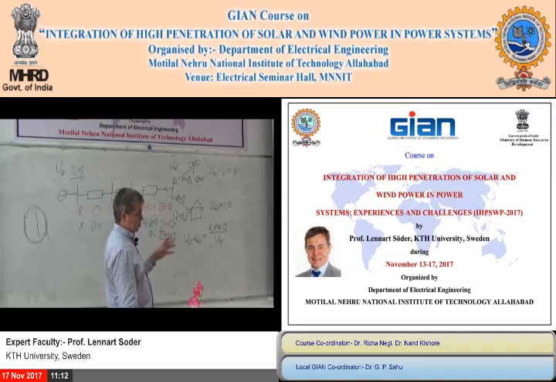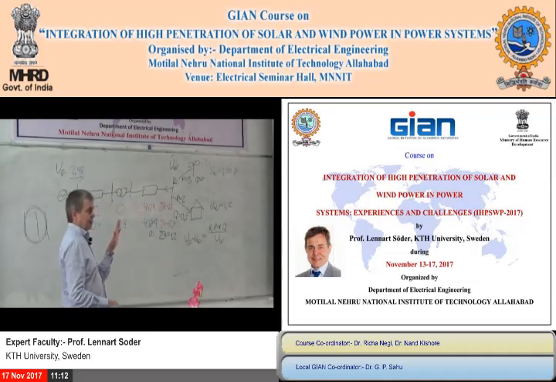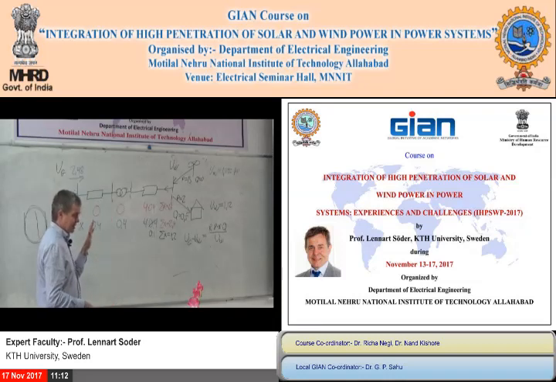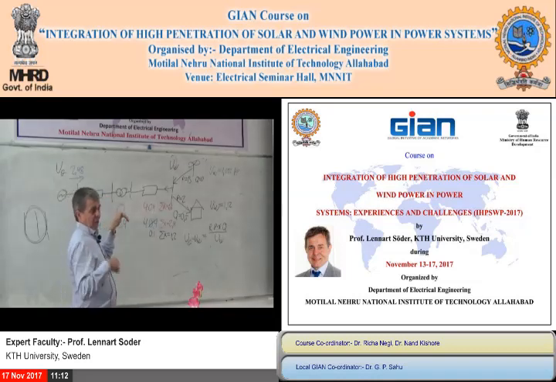Then you could, of course, measure the frequency, but remember that this is not exactly inertia. Inertia is that exactly when you have a problem in the system, you disconnect a plant or something, you increase demand, exactly when that happens, you get contribution from the inertia. It's when you have used some inertia that the frequency goes down.